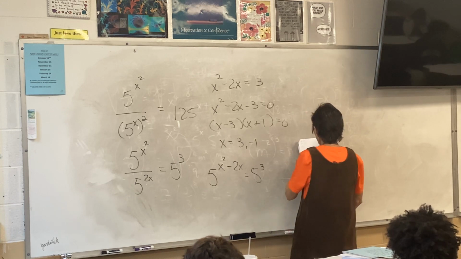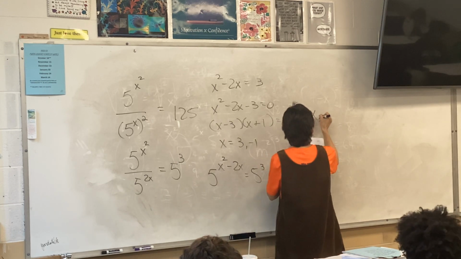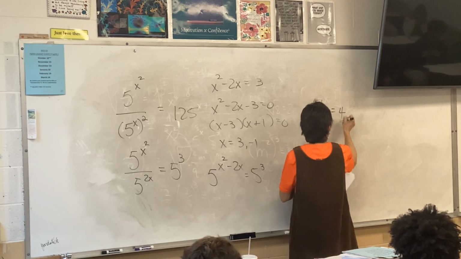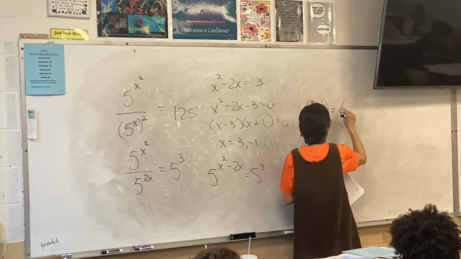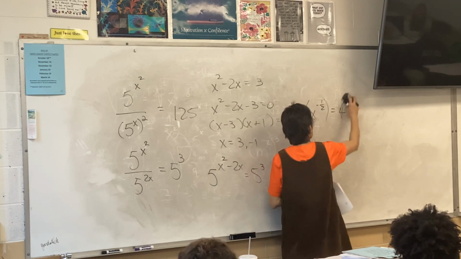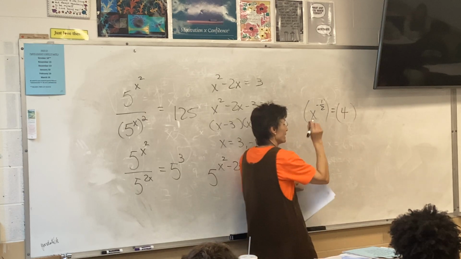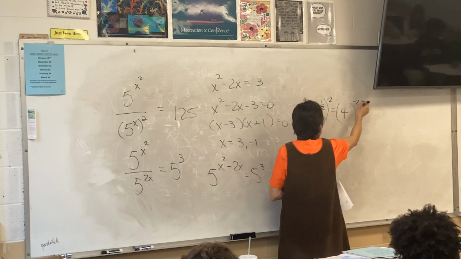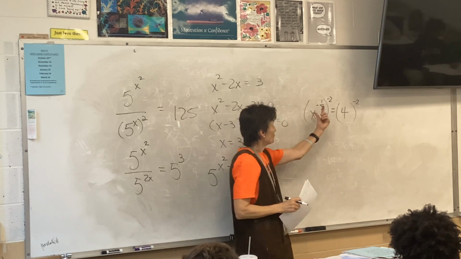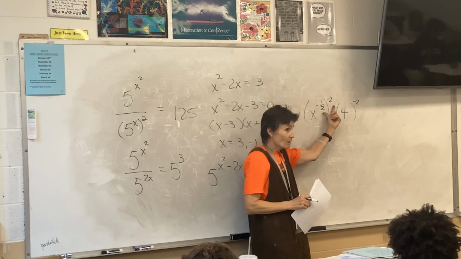All right, couple more, and then we'll move on. x to the -1/2 equals 4. Let's raise both sides to what power? -2, very good. Because what do I do with these exponents?